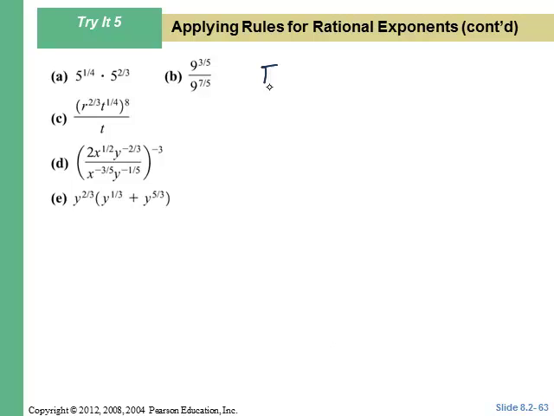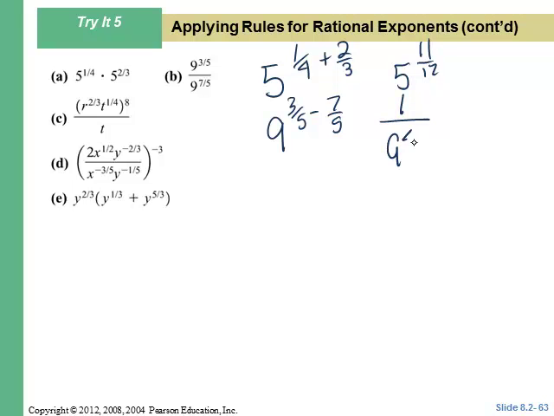Okay, the first one would be 5 to the 1/4 plus 2/3. We meet at 12, that's 3/12 and 8/12, which is 11/12. 5 to 11/12. B is 9 to the 3/5 minus 7/5, which is negative 4/5, so it's 1 over 9 to the 4/5.